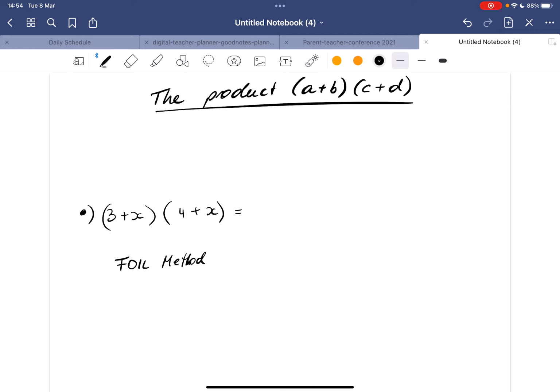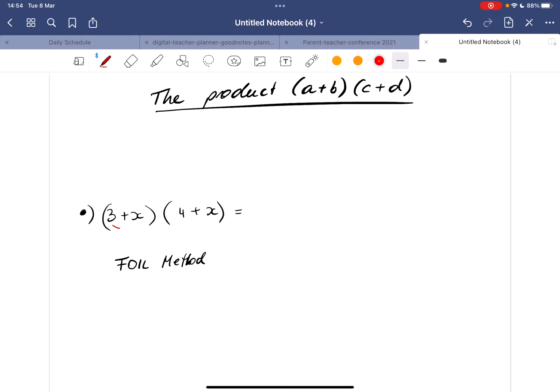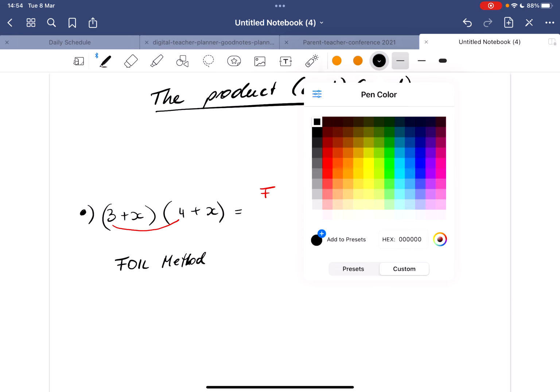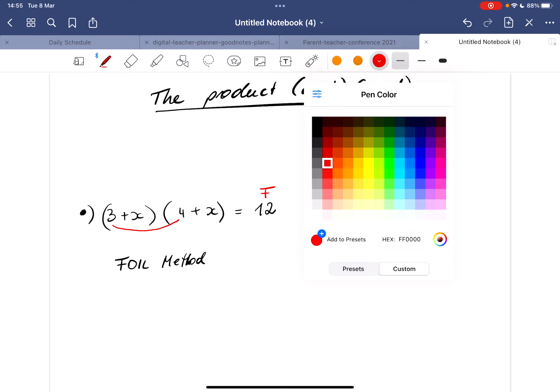That means we are going to multiply the first two terms. So that's 3 times 4, which gives me 12. That's my F for the first.